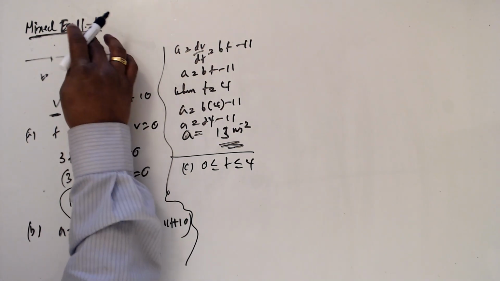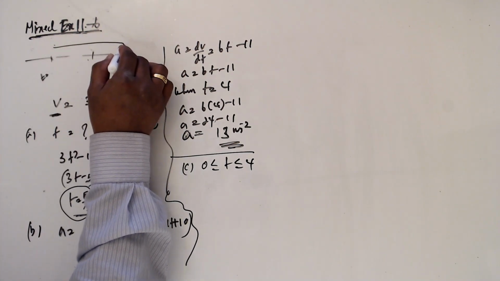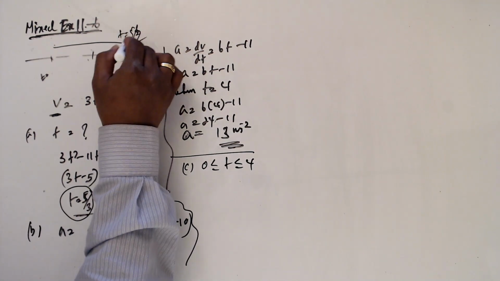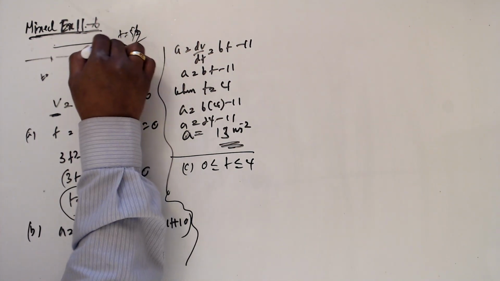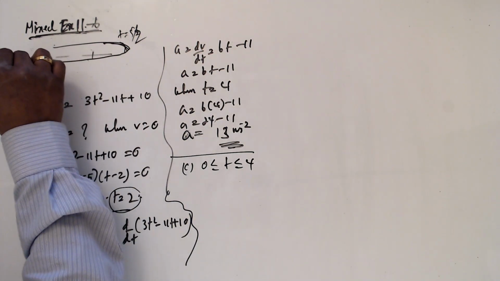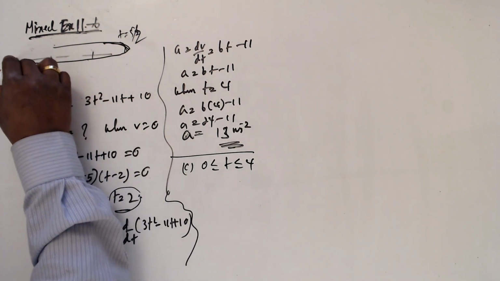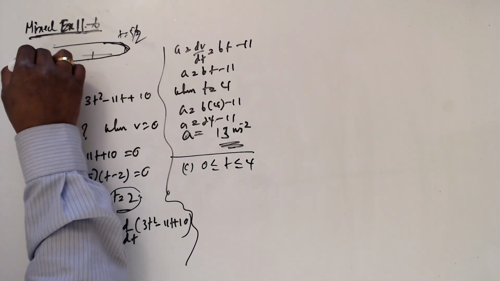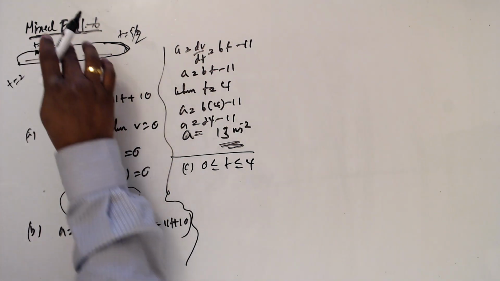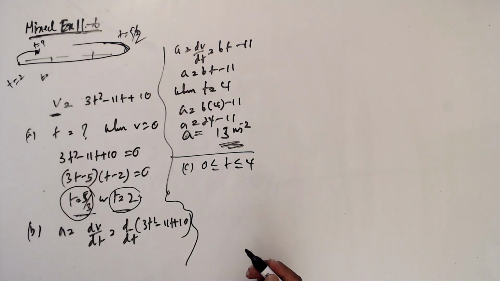So the particle goes here, and at t equals 5 by 3 it will change direction. So that's why it comes to instantaneous rest. And then up to here, t equals 2. Then again it changes direction, and somewhere it will come to t equals 4. This is my feeling, so this is how I thought, but it depends on the place you start.